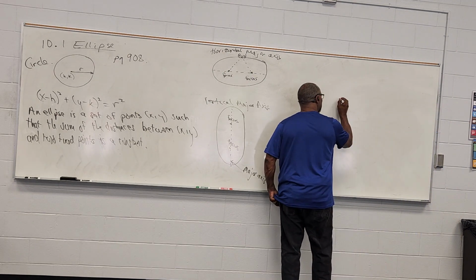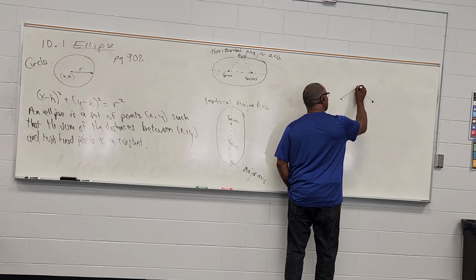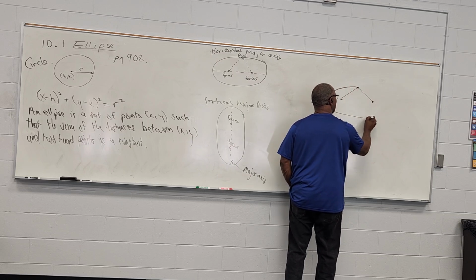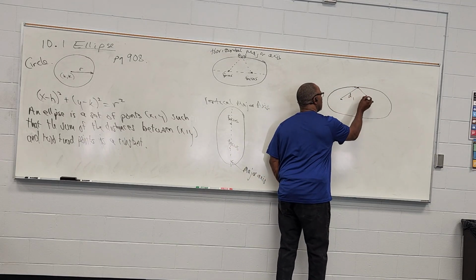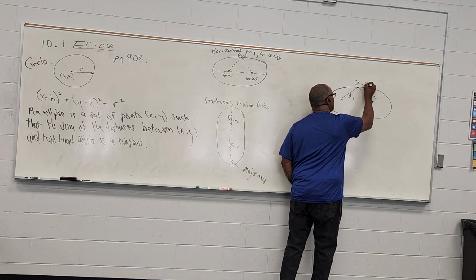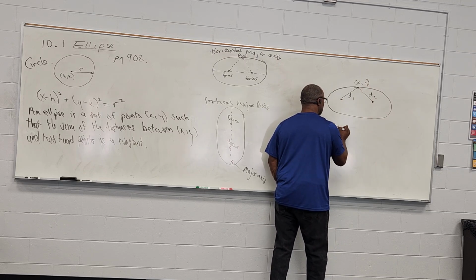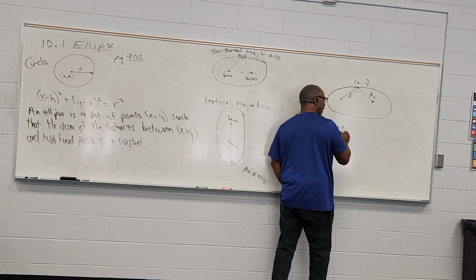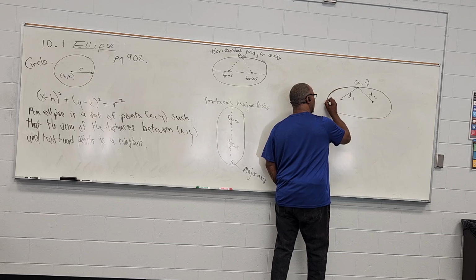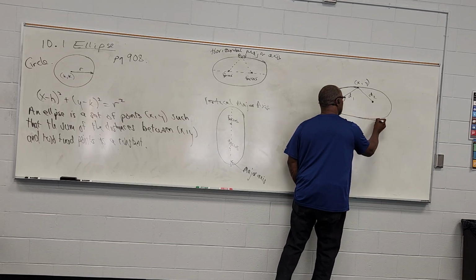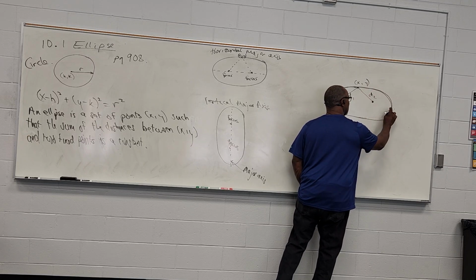If you took a thumbtack and put it right here, and a thumbtack right here, and you took a piece of string on a pencil and you just traced out and kept that same distance, the sum of those two distances, D1 and D2, what I'm saying is these two distances, D1 plus D2, doesn't change as I trace this point x comma y all the way around the ellipse.